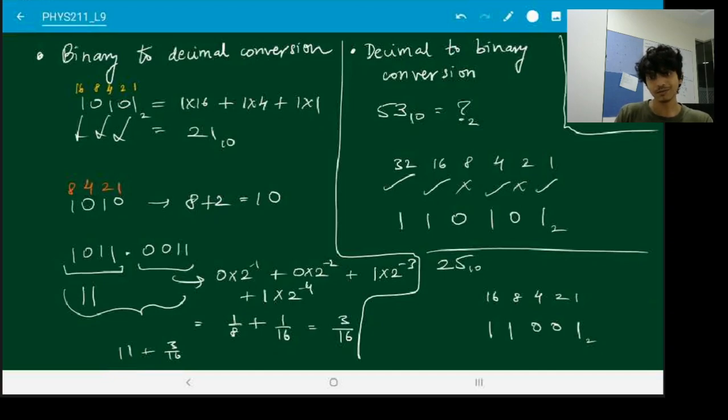It's doable. It's not the most efficient way of doing it. So there is another way of doing the decimal to binary conversion. And this is called the double dabble method.